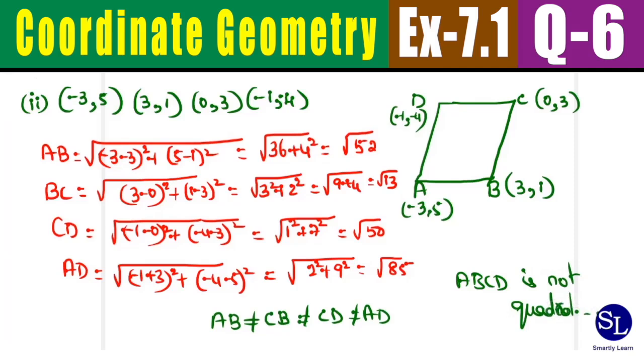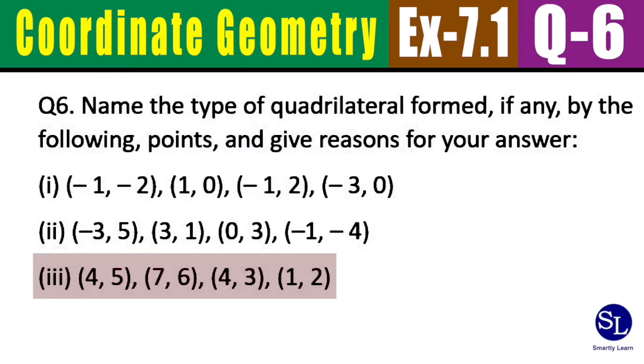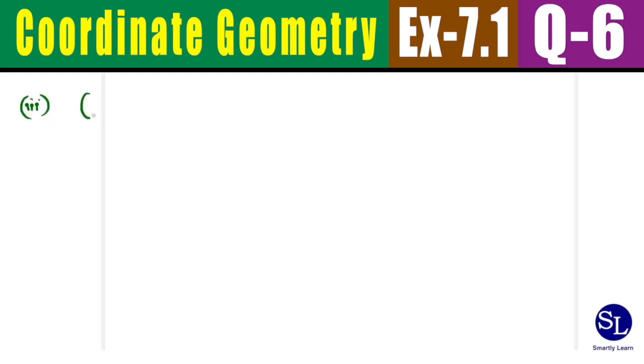Okay, please check. In this case, I have not calculated the diagonal's value because it's not even a quadrilateral. So I'm not worried about calculating the value of the diagonal. Let's move on to the third subdivision in this question. Look at the third subdivision points, which are (4,5), (7,6), (4,3), and (1,2).